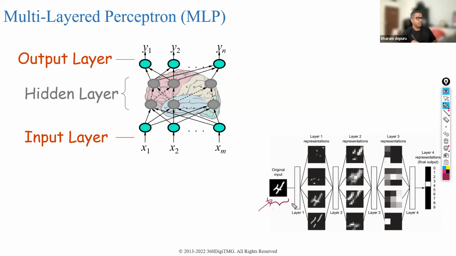So here, if you have an image of a 4, it will traverse through all these layers. These are all hidden layers: hidden layer 1, hidden layer 2, hidden layer 3, and hidden layer 4. Finally, you have an output layer. That output layer will tell you what this number is. It's telling that this number is 4.